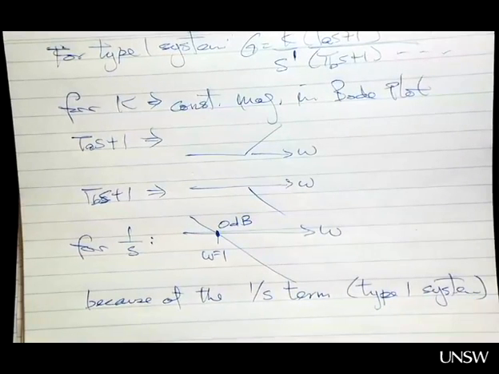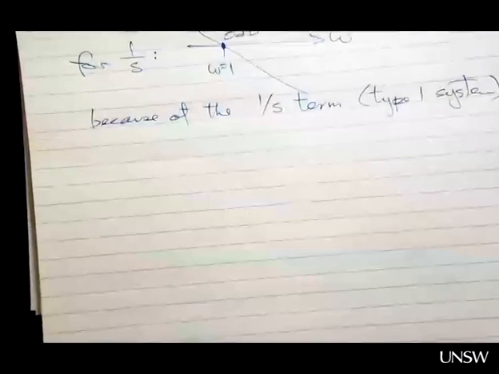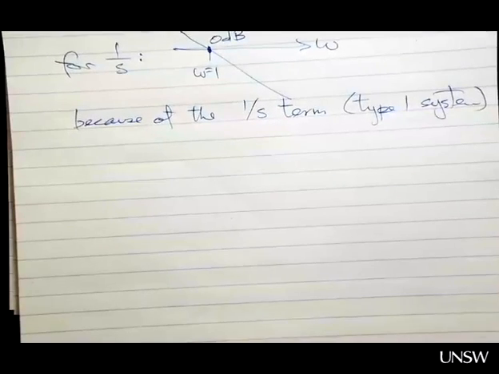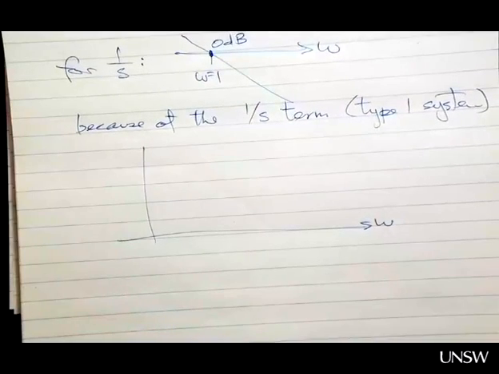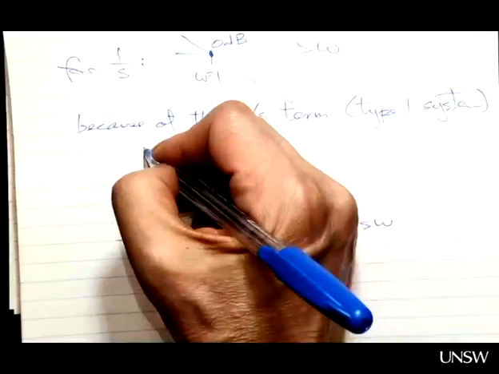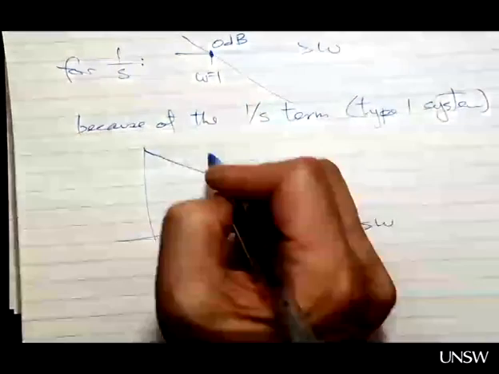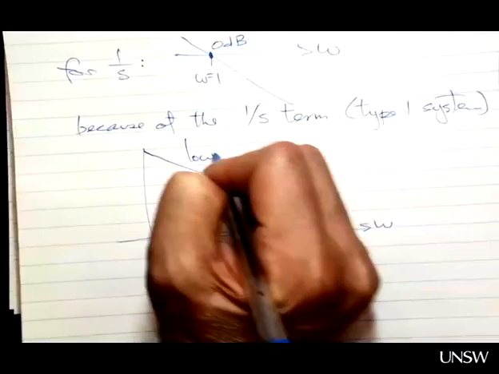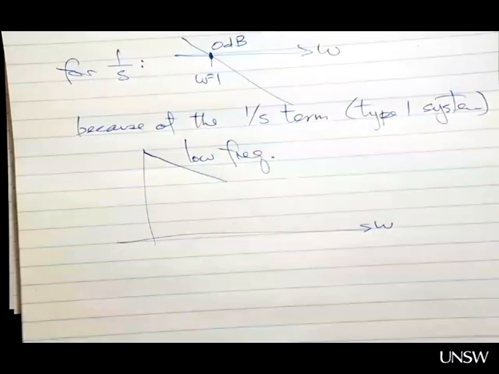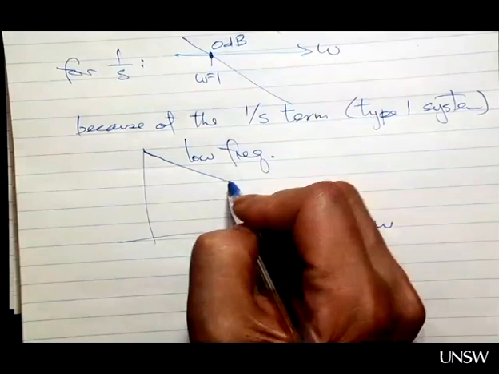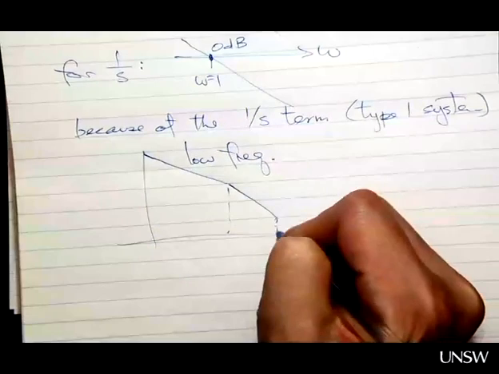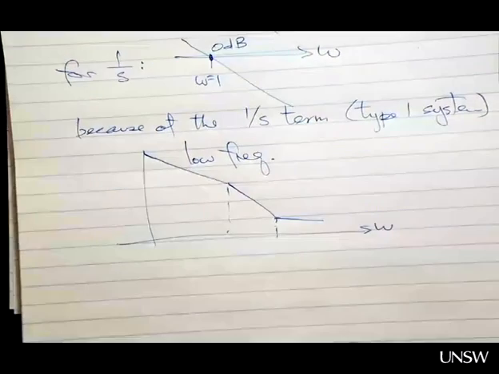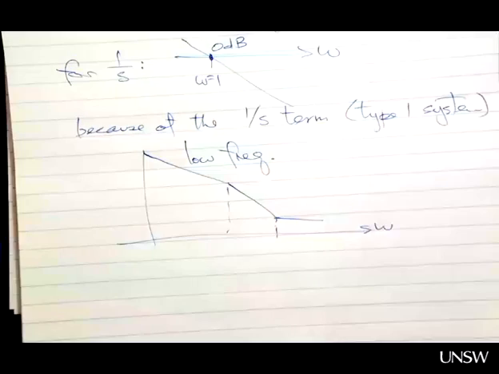We can see that the total Bode plot, somewhere at the low frequency, this is a low frequency, and then at some other frequency, it may change like this or whatever, depending on the other terms.